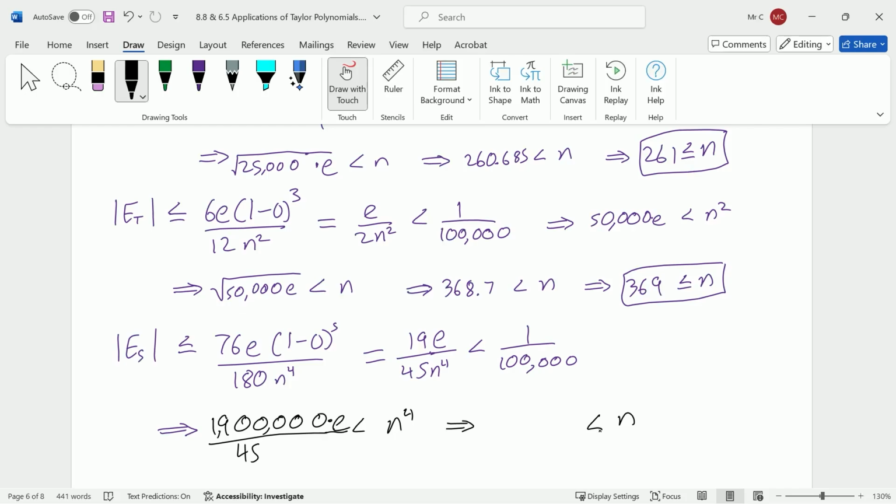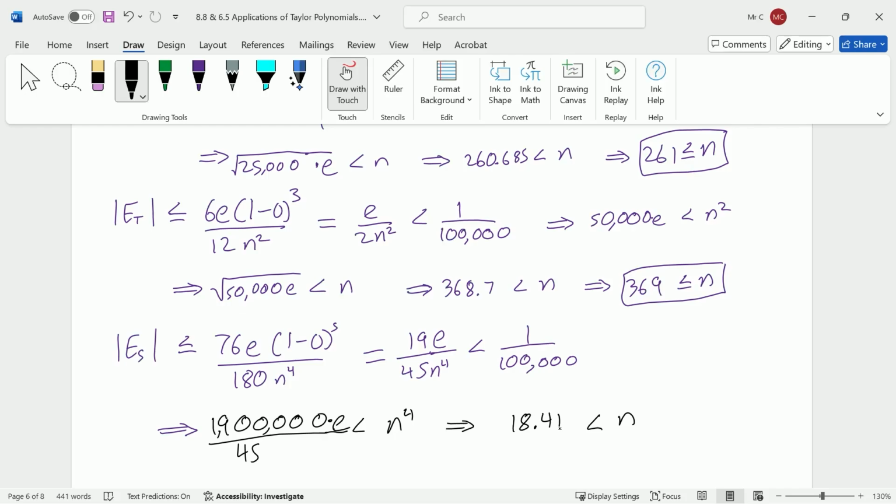So let me plug that in real quick. And so that gives me n is greater than 18.41.